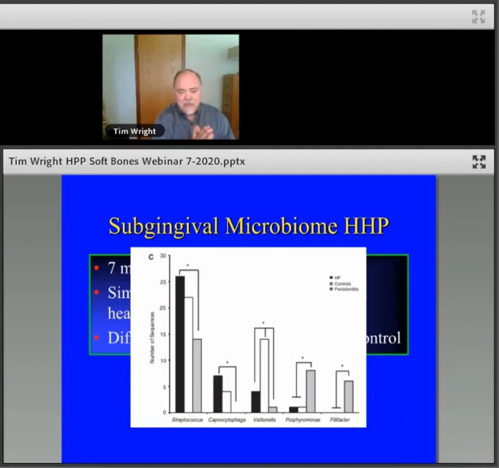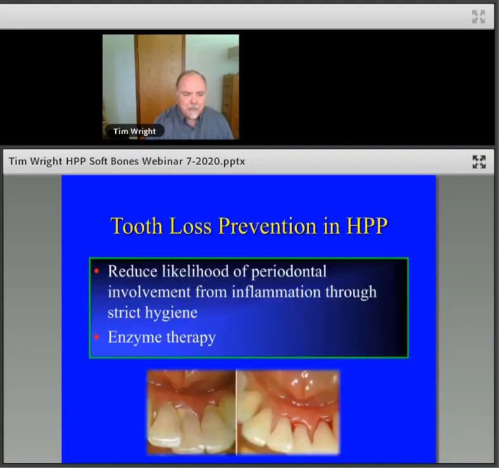That predisposes you to tooth loss that somewhat mimics periodontal disease, but it's not the inflammatory, biofilm-mediated disease, at least initially, that we see in periodontitis in the population. But if you get periodontitis on top of hypophosphatasia, you're probably going to progress more rapidly and be more severe.